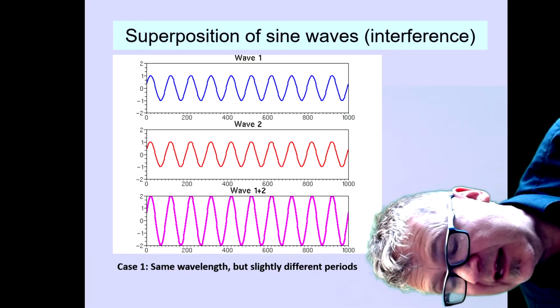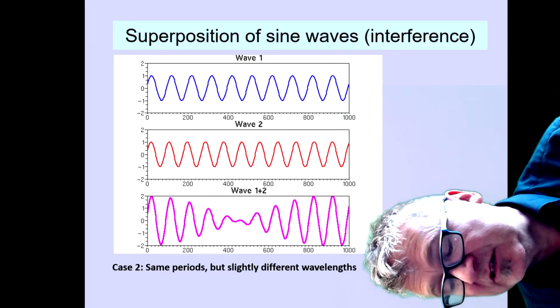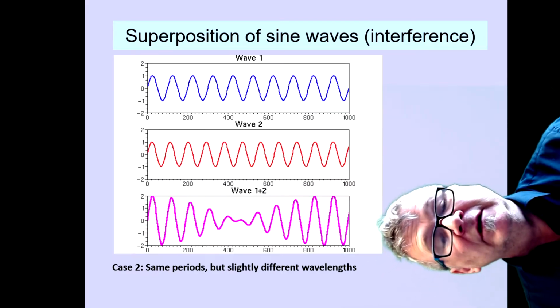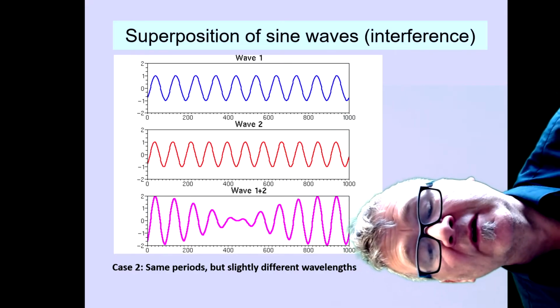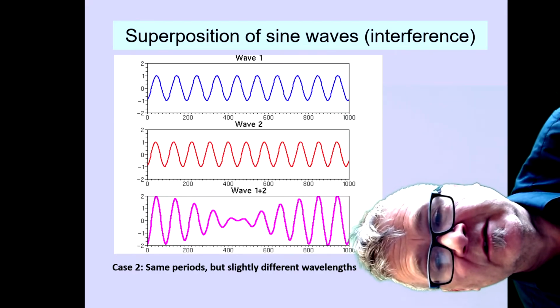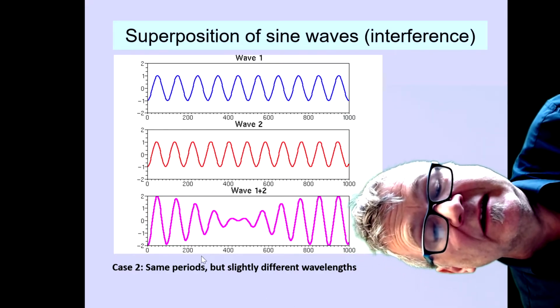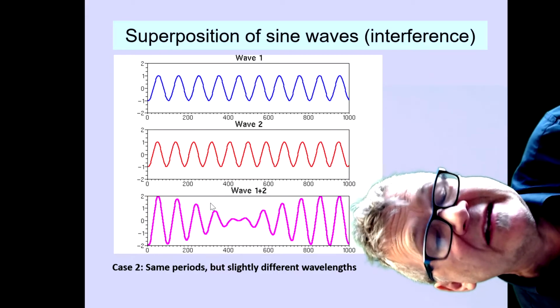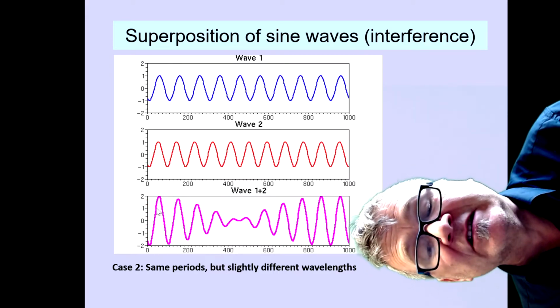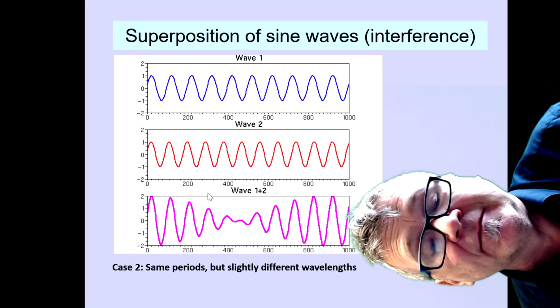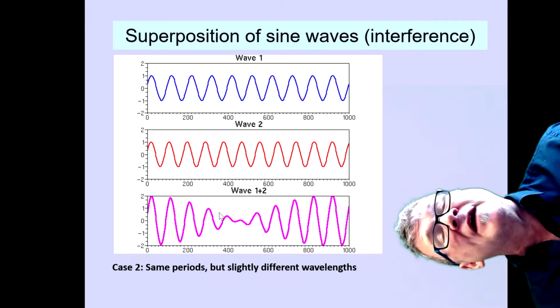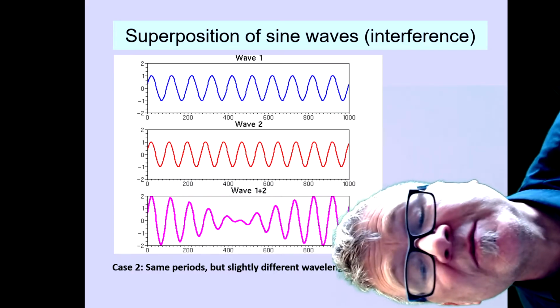Let's have a look at the next case. Same periods, but slightly different wavelengths. This situation creates something that we call a wave group. You can see in the superposed signal a region of maximum amplitude, but this region slowly moves at a certain speed, which we call the group speed.